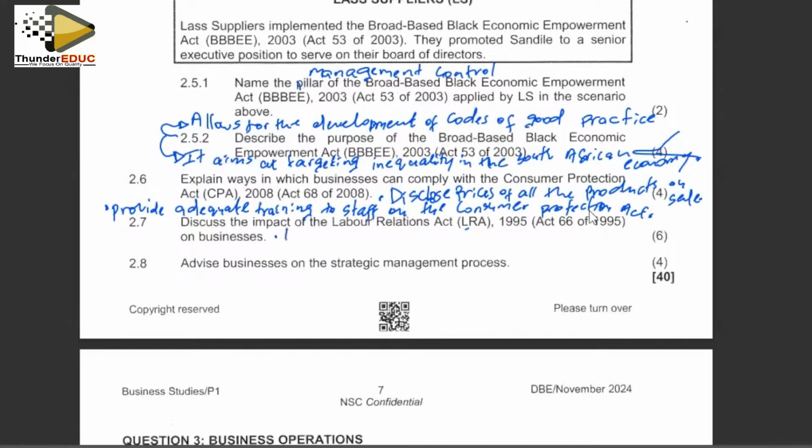Labor costs increase because or due to legal strikes.